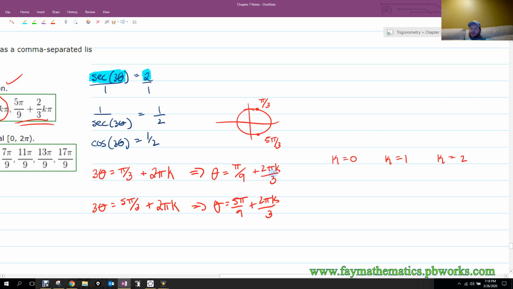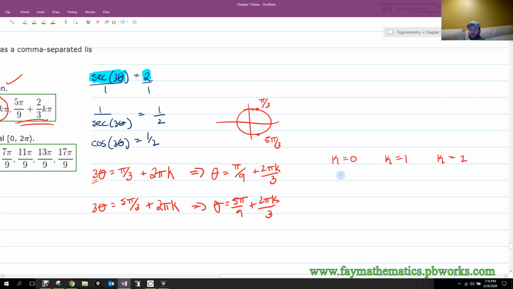If k was 3, it would put me outside of 2 pi, since starting with pi over 9 and adding what would be 6 pi over 3, that is 2 pi, would put me outside of 2 pi. So that's why we always start at 0 and stop 1 short.